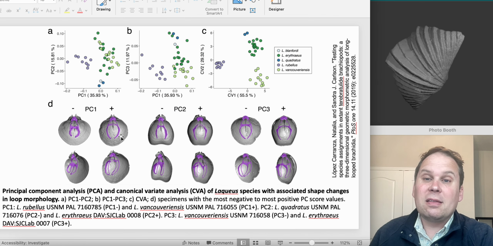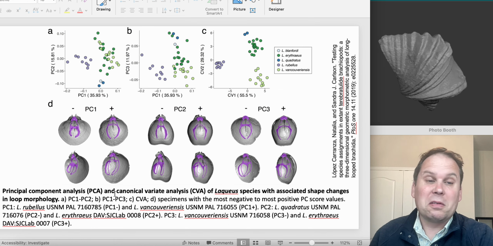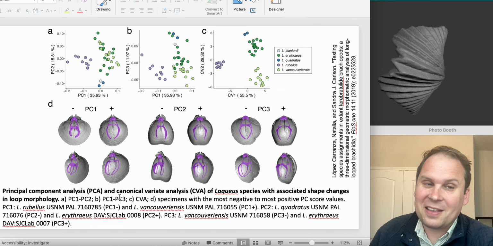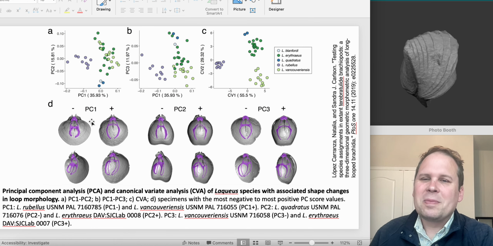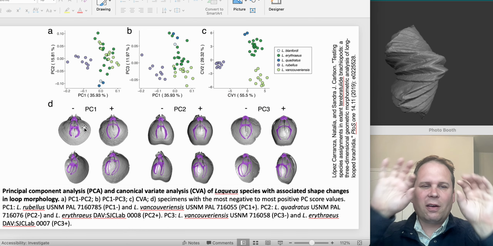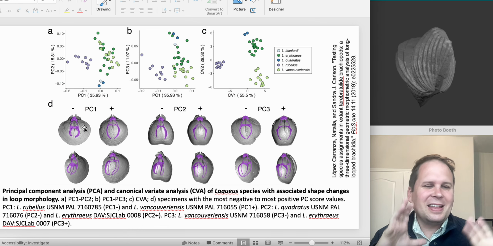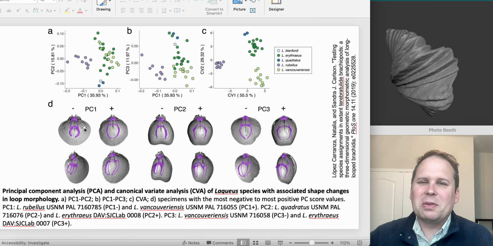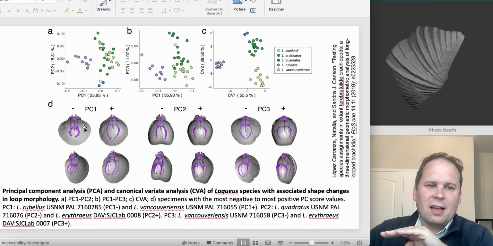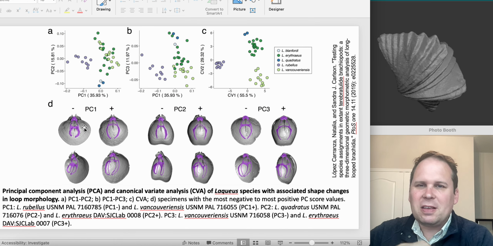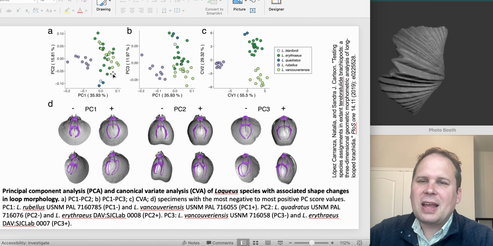And so these brachiopods look really similar to each other. But by measuring all those little points and calculating angles and lengths and distances between them, and then solving the principal components of these points, you can actually separate out these species.